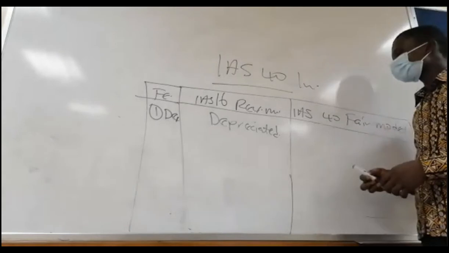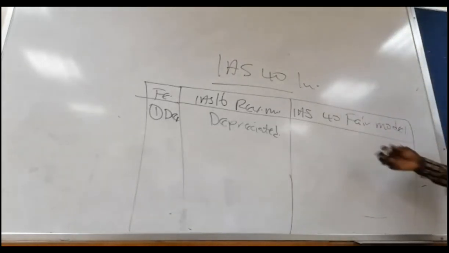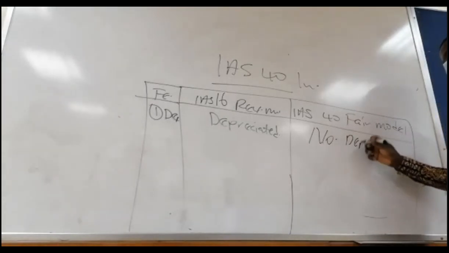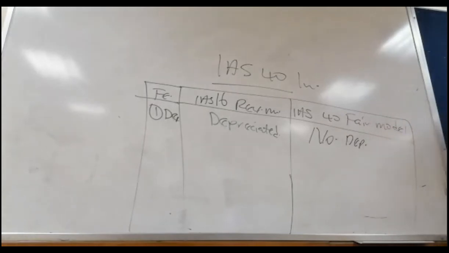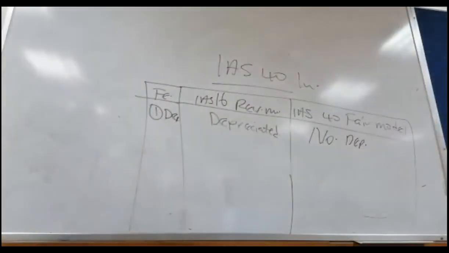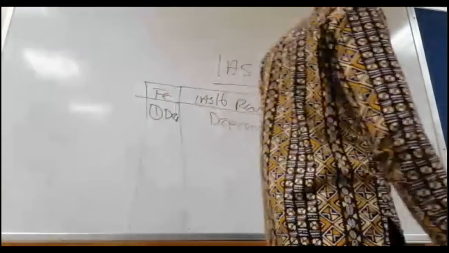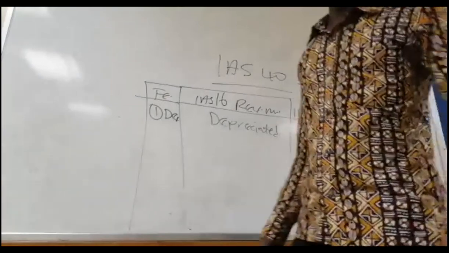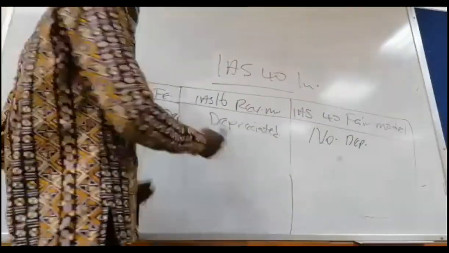What about under the IAS 40 fair value model? No depreciation. I like that. So we don't depreciate investment property held under fair value. That's the first distinguishing feature. Don't depreciate it.